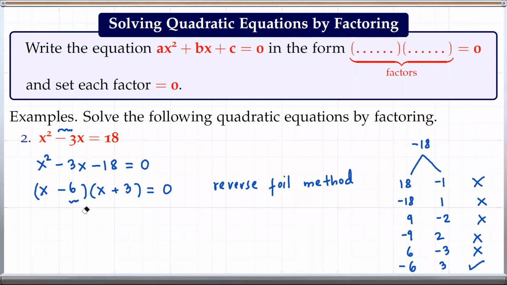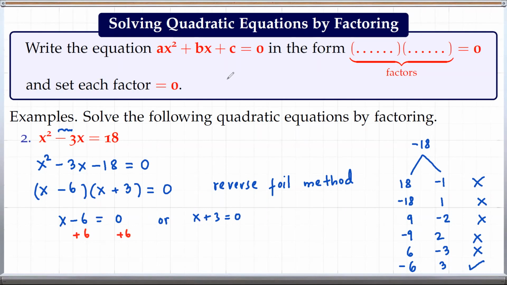Now, to make sure you did this factoring correctly, you can multiply these, FOIL these back and see if you get x squared minus 3x minus 18. So once we have these two factors, all we need to do is now set both of these equal to 0. So x minus 6 equal to 0 or x plus 3 equal to 0. Add 6 to both sides.